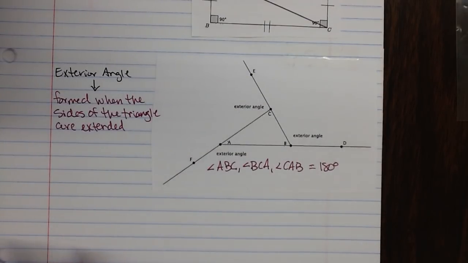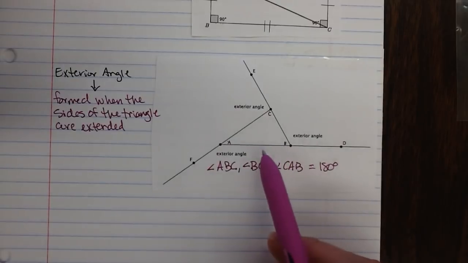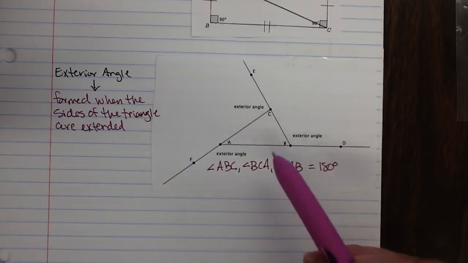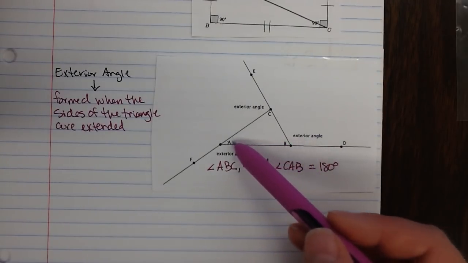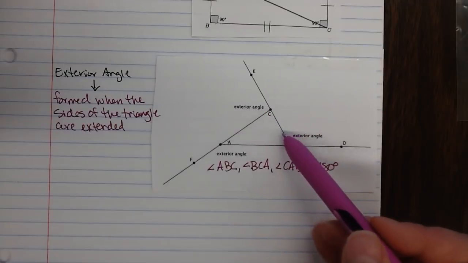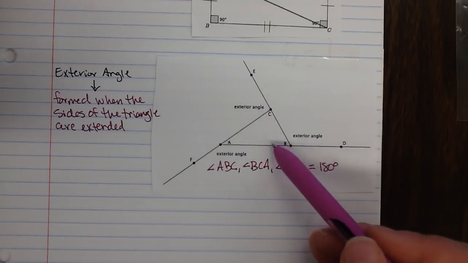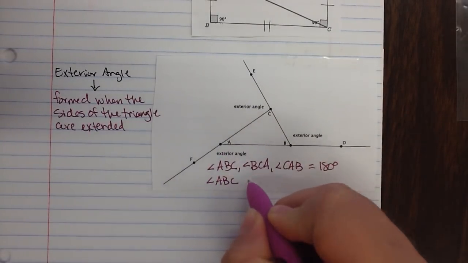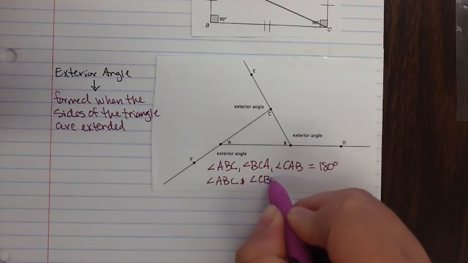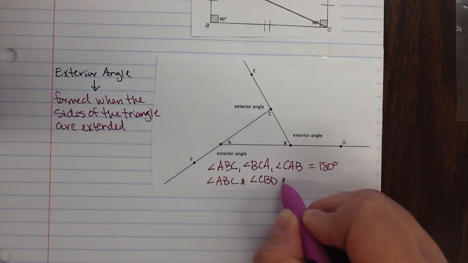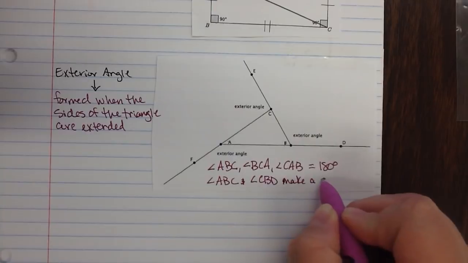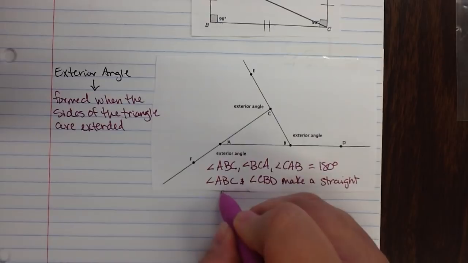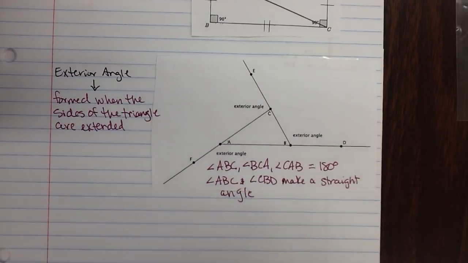We also know that a straight angle equals 180 degrees. So we have a straight angle right here. You guys see this straight angle? And we know that these two angles, angle ABC and angle CBD, make up that whole line right there. So angle ABC and angle CBD make a straight angle.